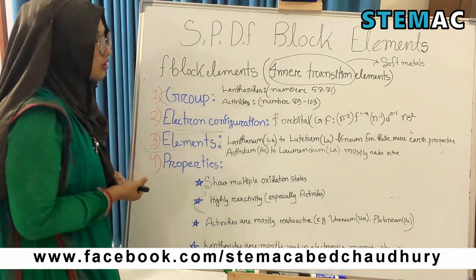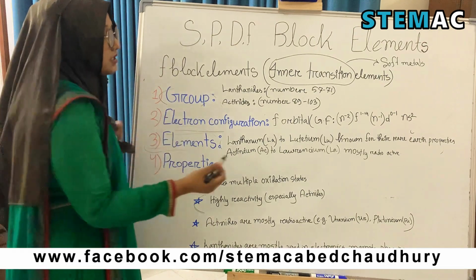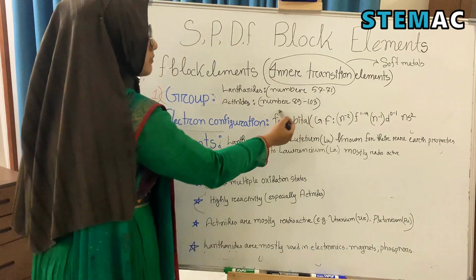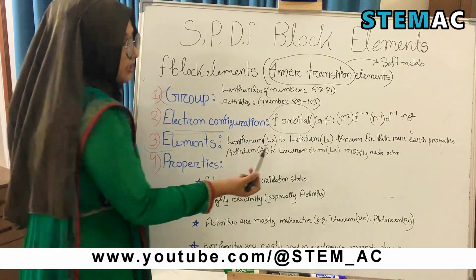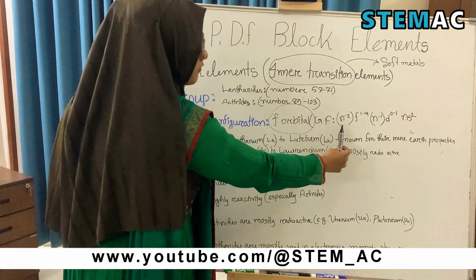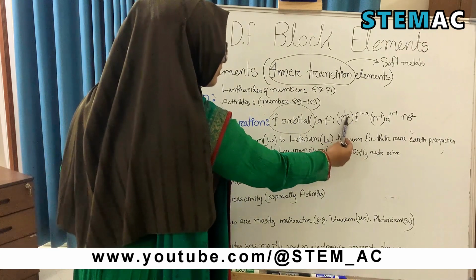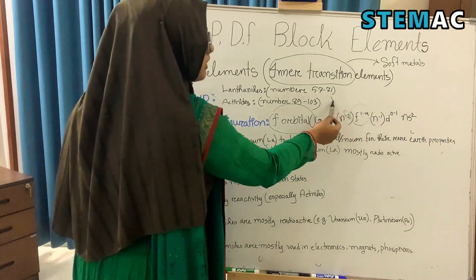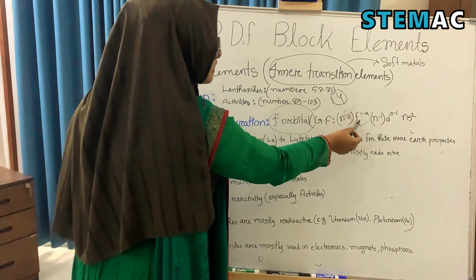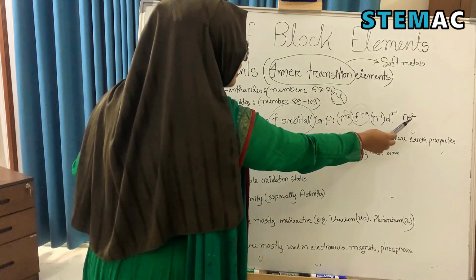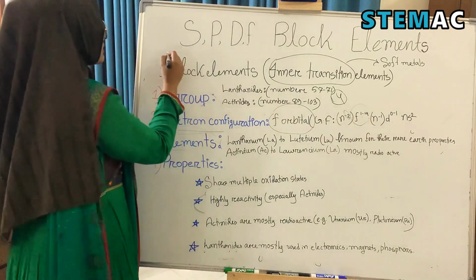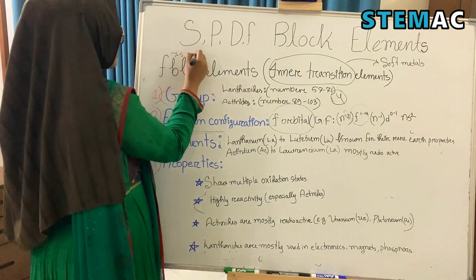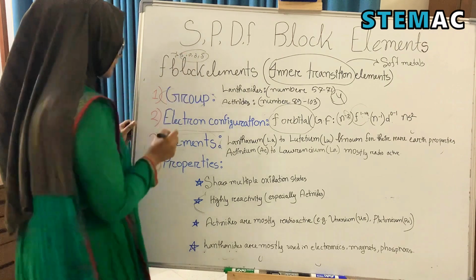In their electron configuration, there is the presence of the f orbital, with f having 1 to 14 electrons, that means up to 14 electrons, and it also has d and s. That means the f block has s, p, d, f, all of them.